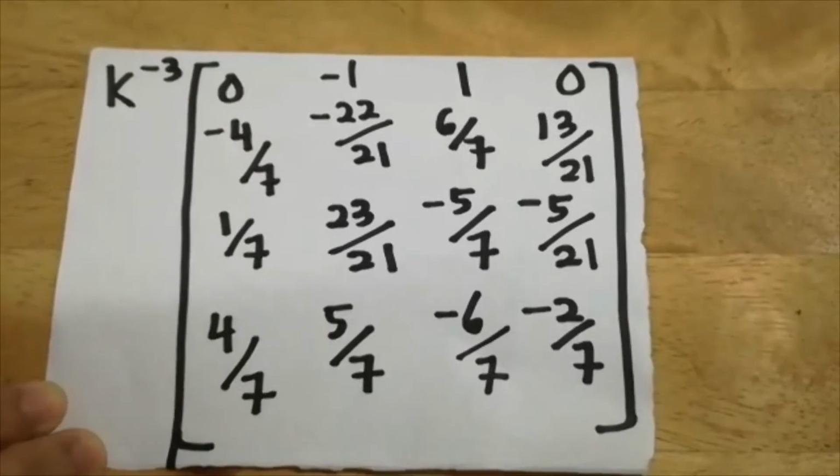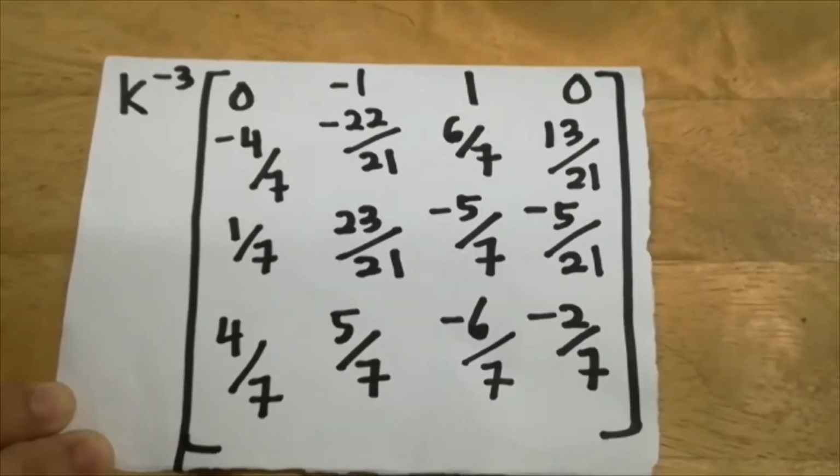So this is the K inverse that we get from the ERO method.